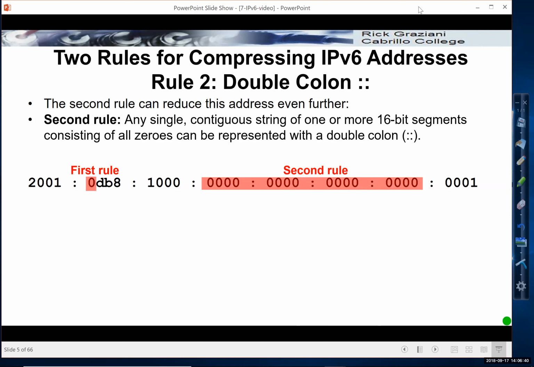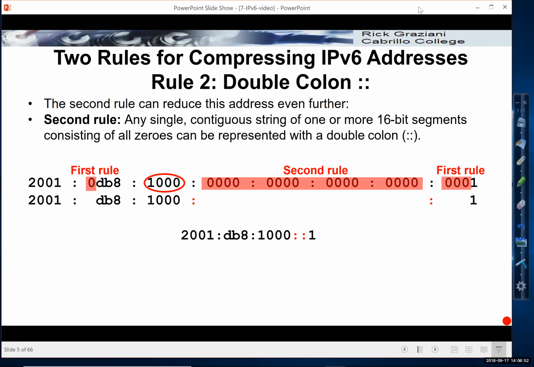Our first rule says we can omit those leading zeros. So let's take a look. We can't touch those trailing zeros, right? So that would give us this. Notice that we're using the double colon instead of those 4 segments of all zeros.